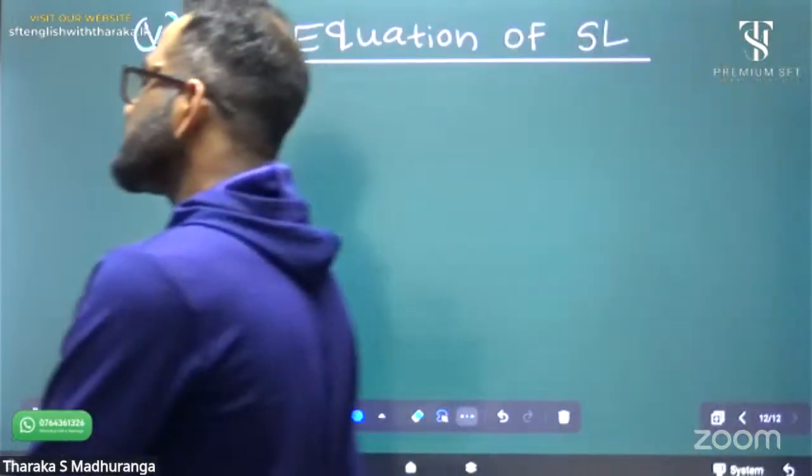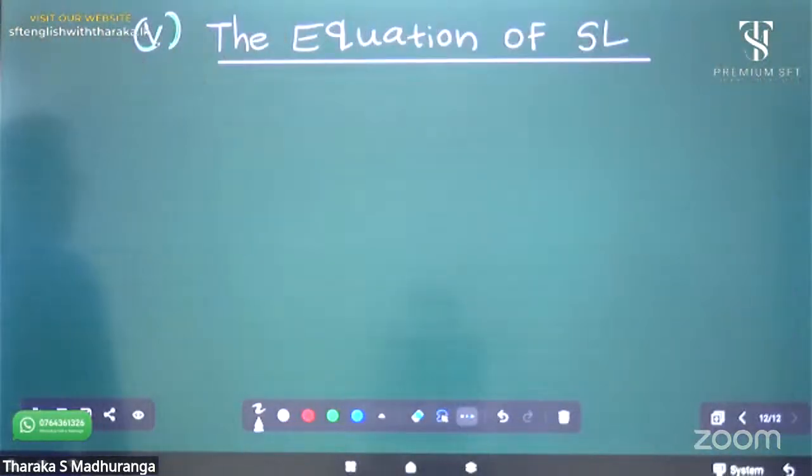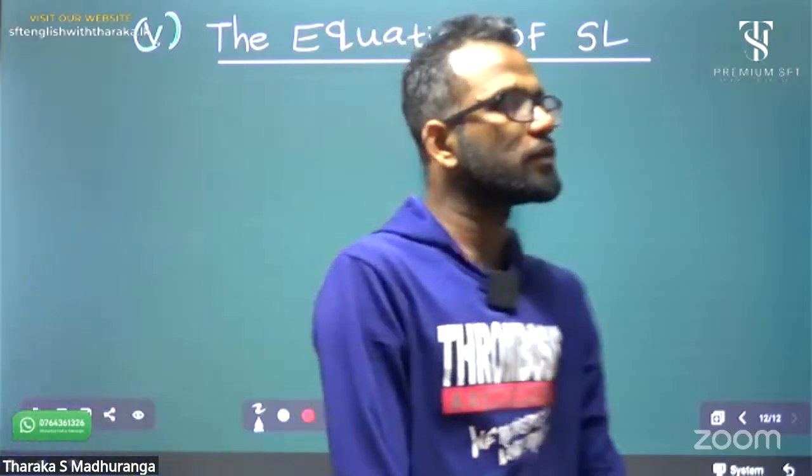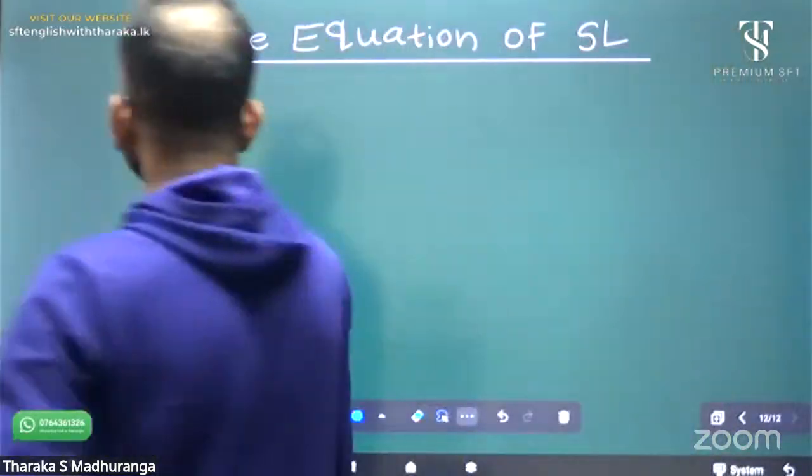Okay, the equation of a straight line, you already know, I think. What's the common equation of any type of straight line?